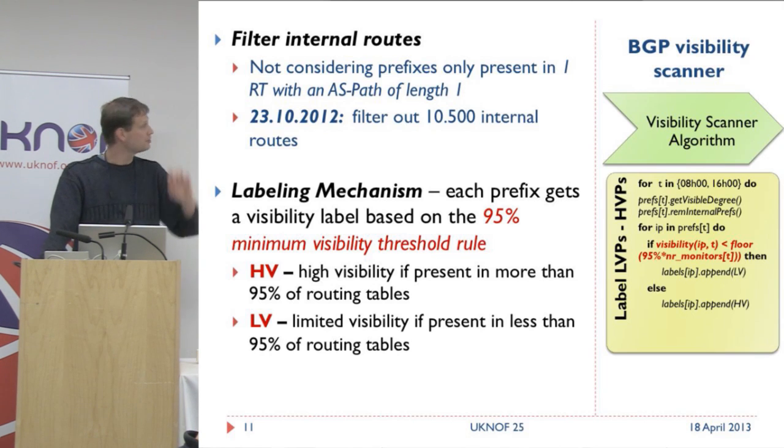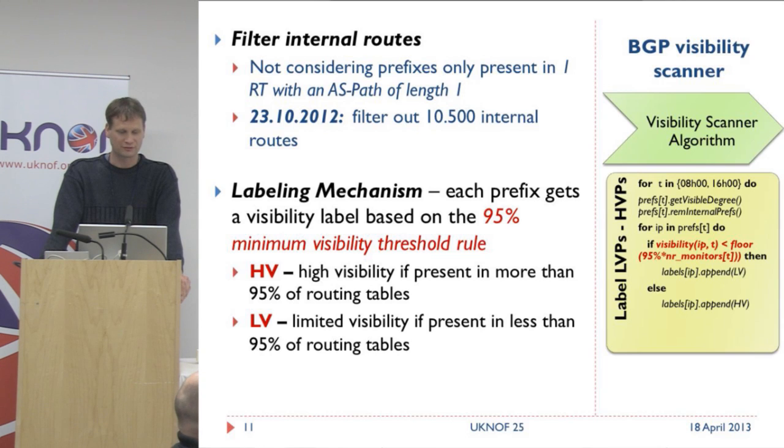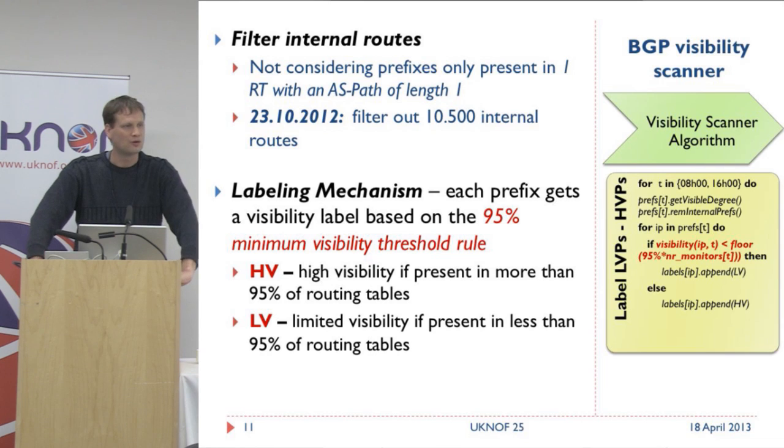Those are about 10,000 prefixes that we filter out first, but then we still separate them into high visibility prefixes, which 95% of all routing tables should see, or limited visibility prefixes, which have less than 95% of routing tables seeing this prefix.